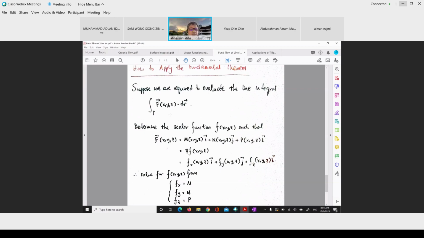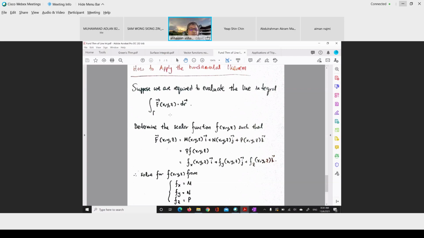So there exists a potential function phi such that F is equal to the gradient of phi. The next step is to determine the potential function phi. Once we have obtained it, we apply the fundamental theorem of line integrals, and we arrive at the same value as using the old method.